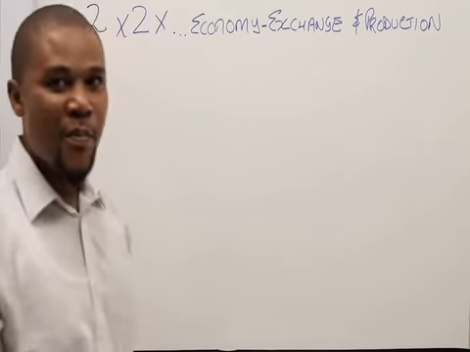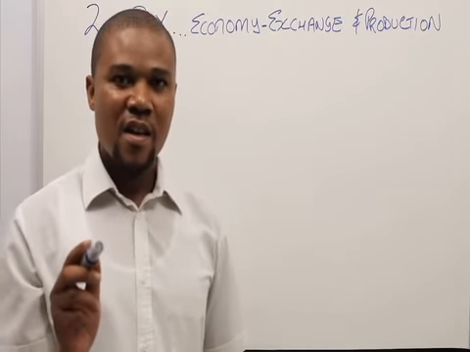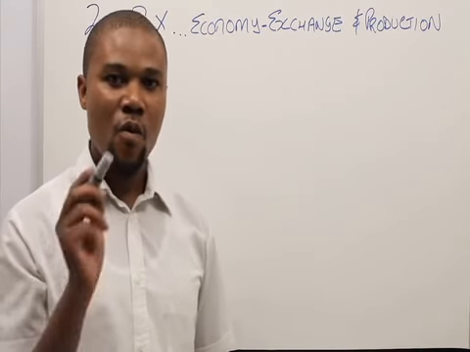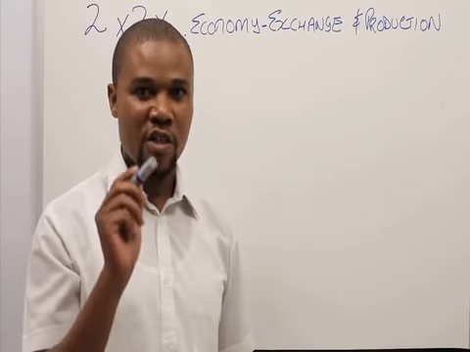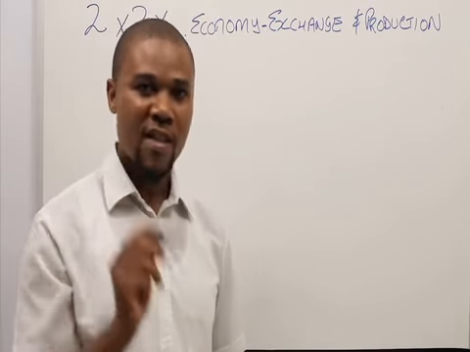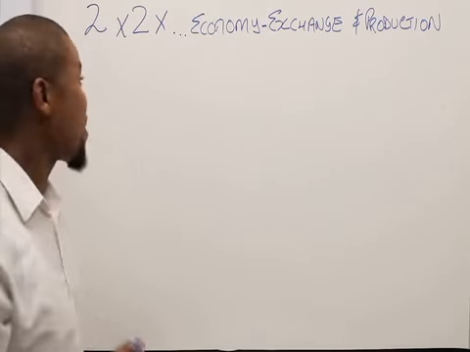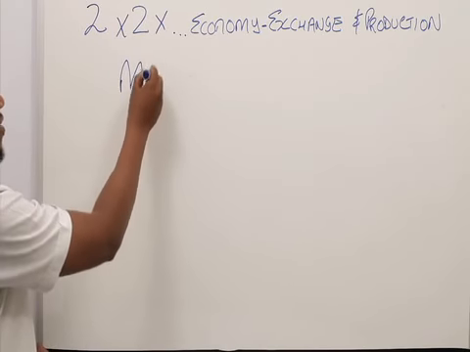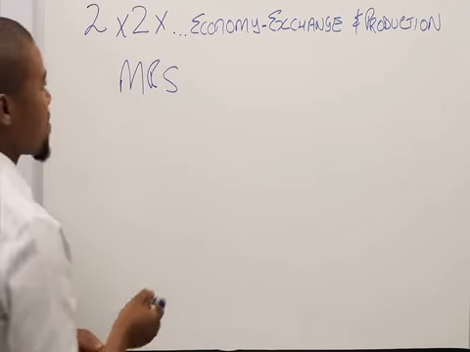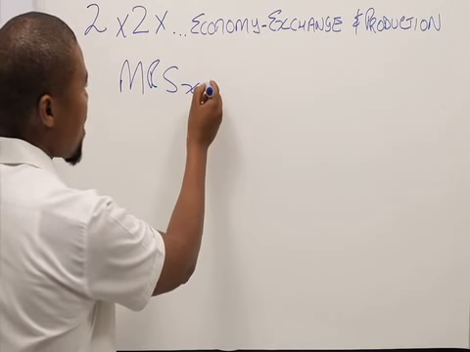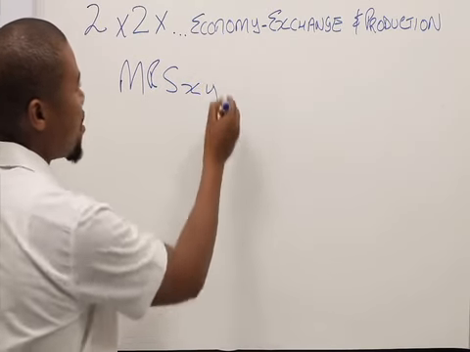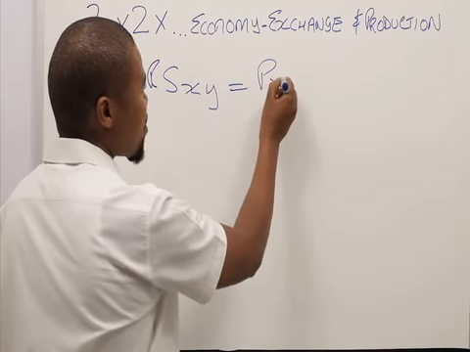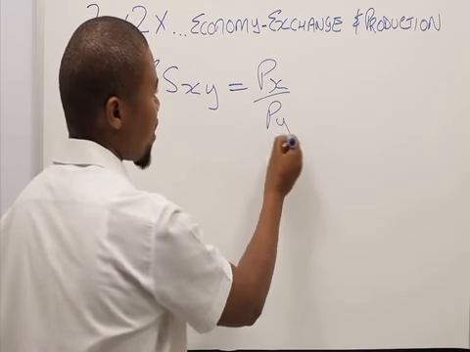Just to remind you, when we were discussing the equilibrium for consumption, we had a condition for that sector. And just a quick reminder of what that condition was. We said that the marginal rate of substitution between good X and good Y should equal the price ratio of the two products.